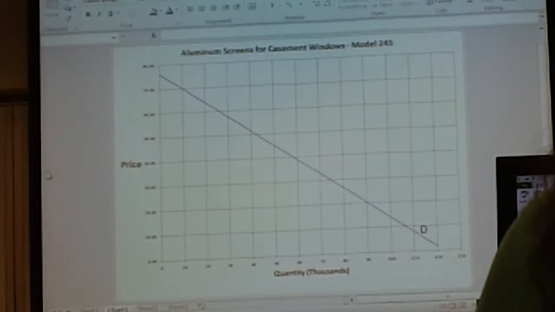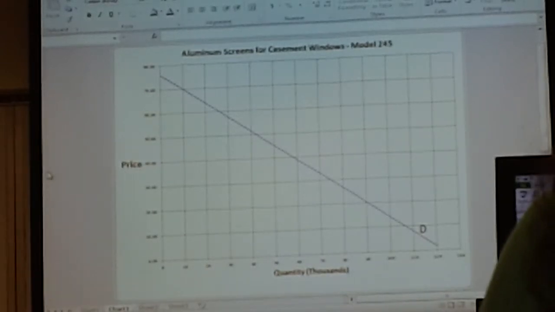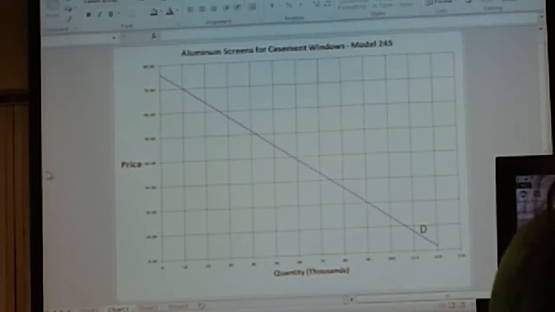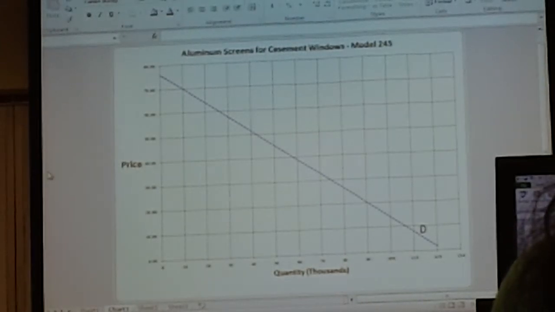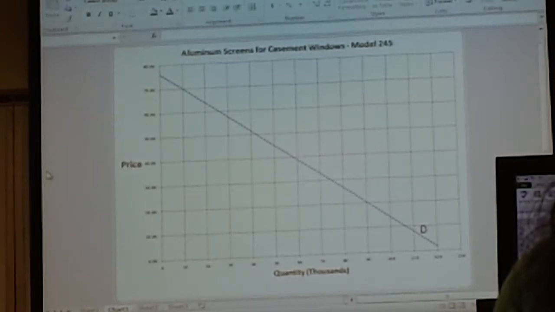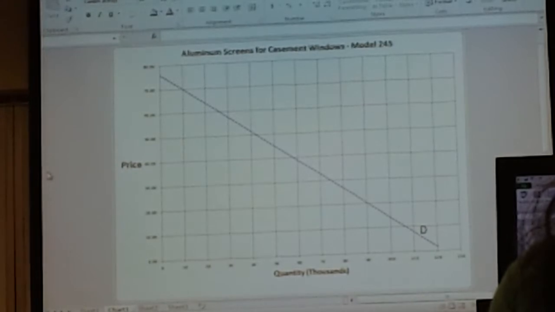Now, who can tell me how we figure out the quantity that this firm should produce? How do we tell what the firm should do? How are they going to determine what price they should come out with, and how many they'll sell? It depends on the firm.